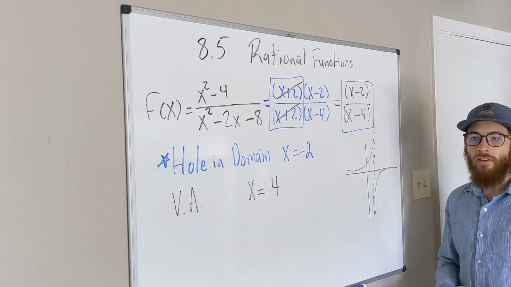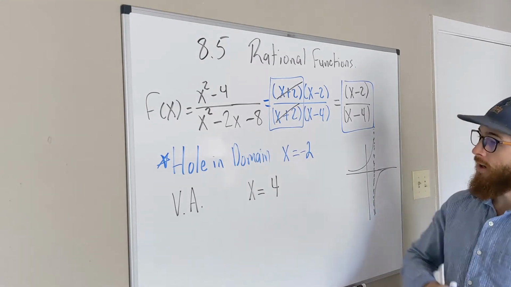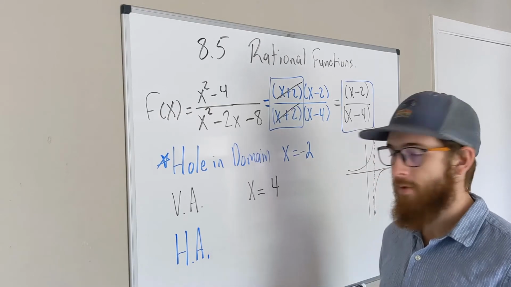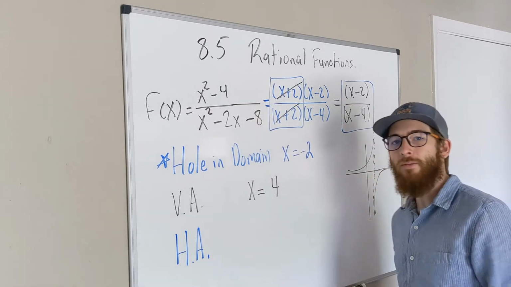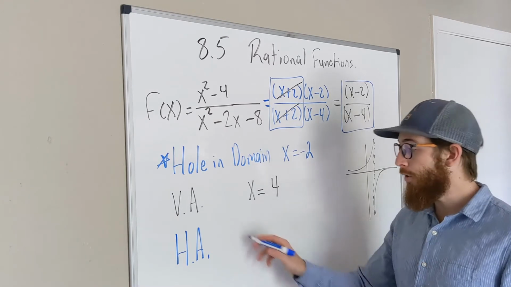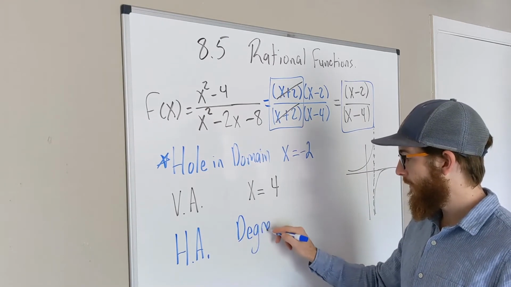It's undefined. Now, there's one last thing that we want to look for, and that's horizontal asymptote. Horizontal asymptote is a little bit more difficult. It has 3 possibilities, and all 3 of these possibilities deal with degree.